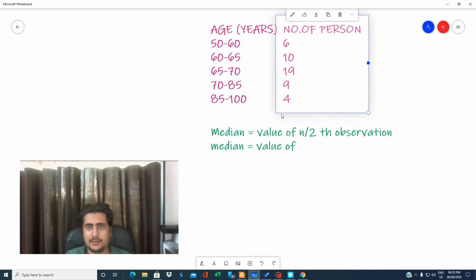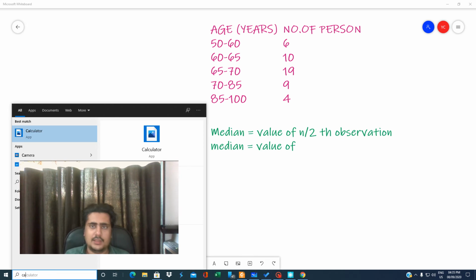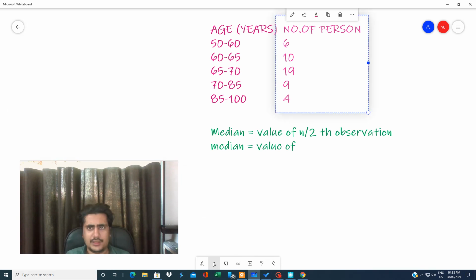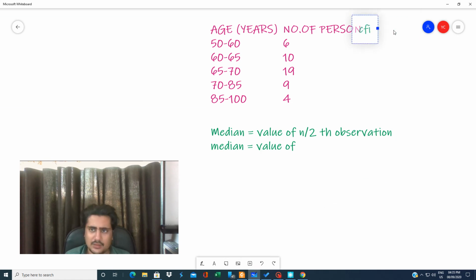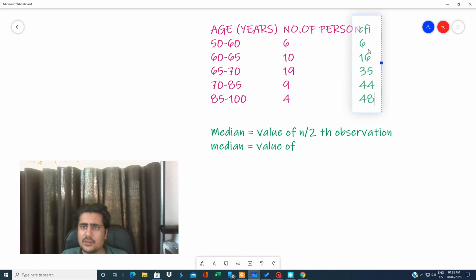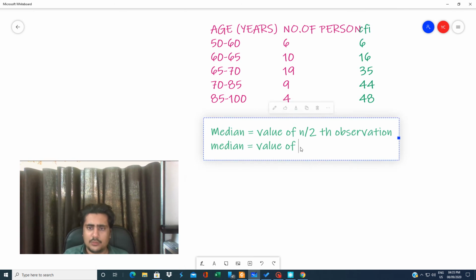Now what is n? 6 plus 10 plus 19 plus 9 plus 4. Let's find the CF. 6, 16, then 19 and 16 is 35, 35 plus 9 is 44, plus 4 is 48. So the total is 48. Let's check once again. 6 plus 10 is 16, 16 plus 19 is 35, plus 9 is 44, plus 4 is 48.